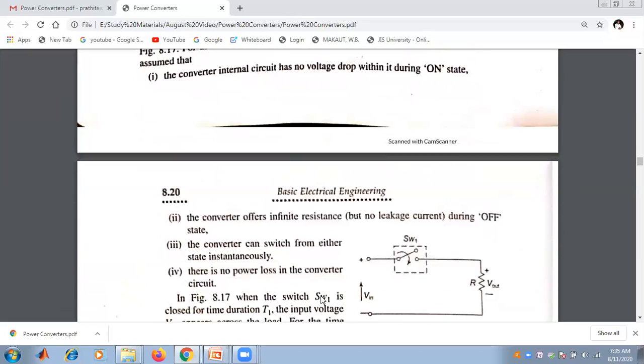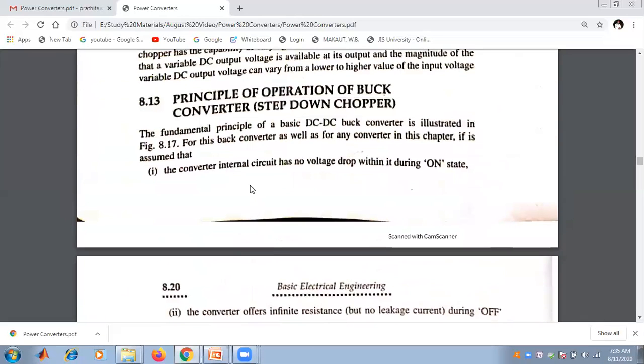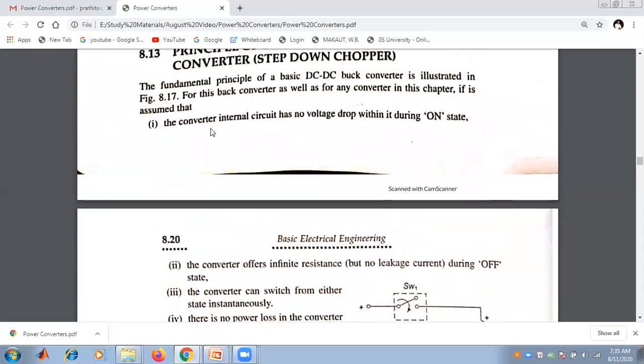So this is the general pictorial view of a buck converter. A switch along with a resistance is connected. This is the DC to DC buck converter circuit. For the buck converter, we will assume that the converter internal circuit has no voltage drop during the on state.